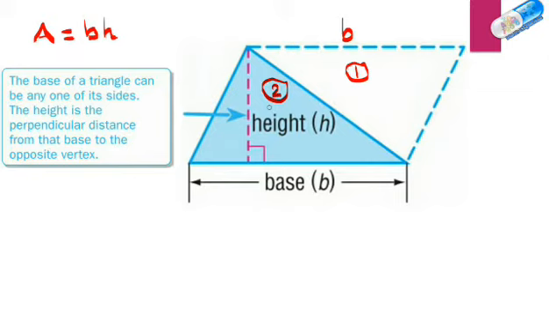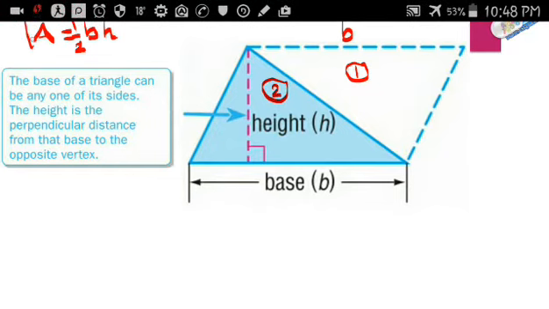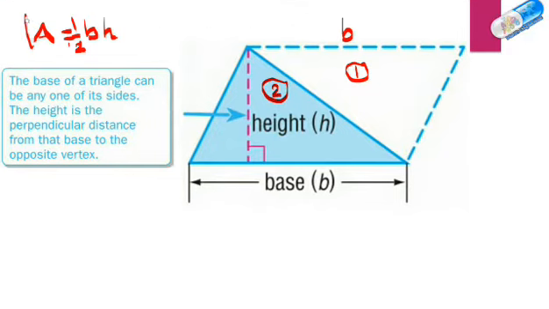This means that the area of triangle number 2 or number 1 is half the area of the parallelogram. So I'll just add here half in this formula. This means that the area of a triangle is half base times height.